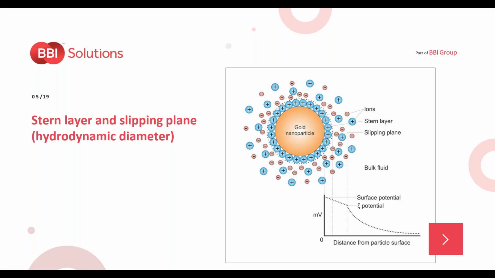So we've got another cartoon now which contains a little bit more detail on the interfacial structure of the particles and what is actually happening here. In this cartoon, we can see that our gold nanoparticle has a negative charge, and due to that negative charge of the particle surface, we've then got positively charged ions which are adsorbed to the gold surface.